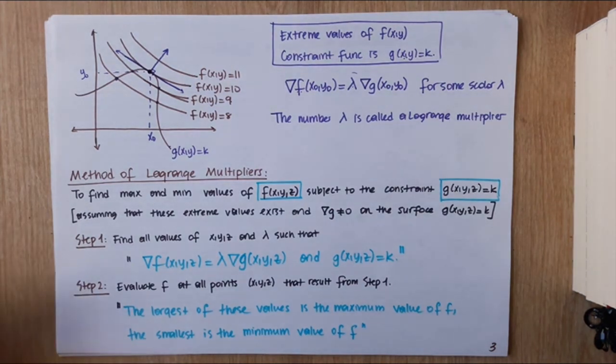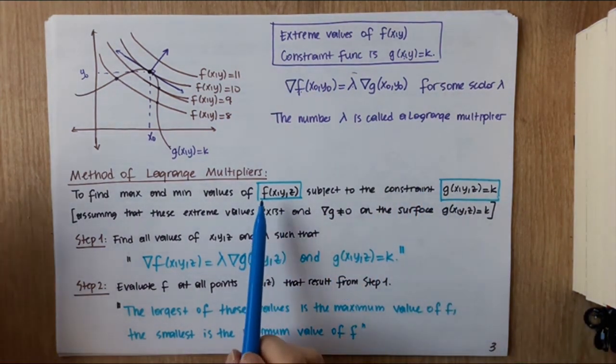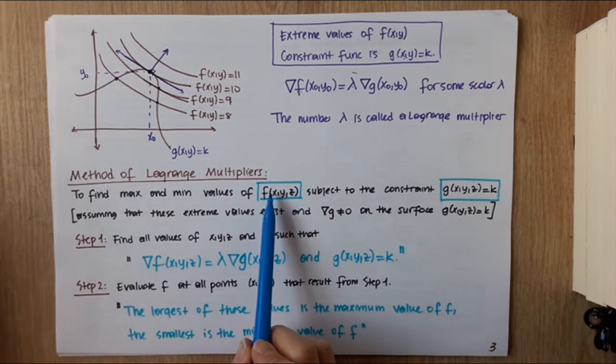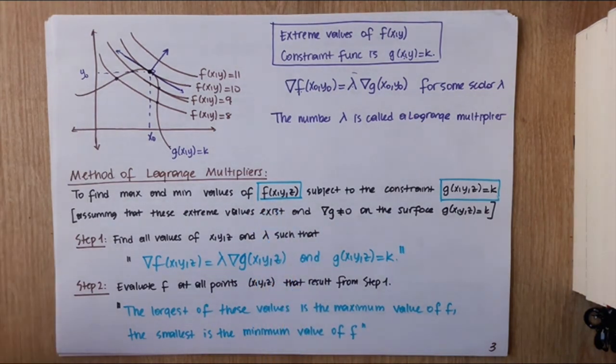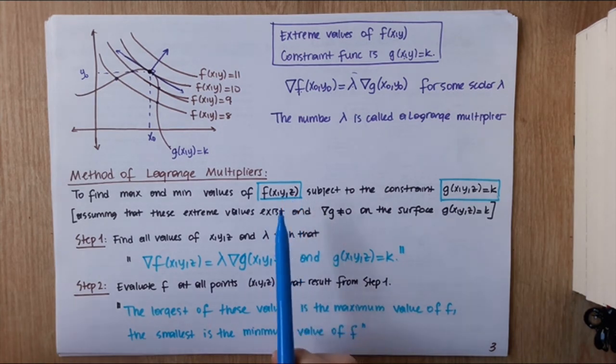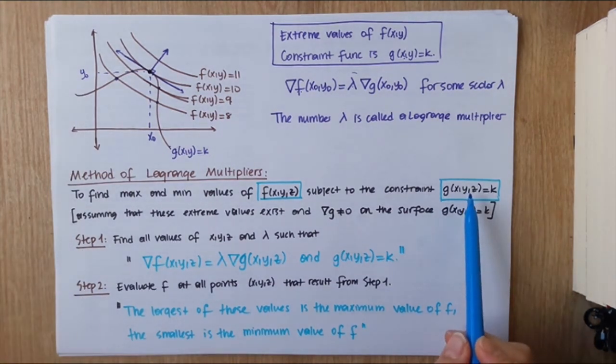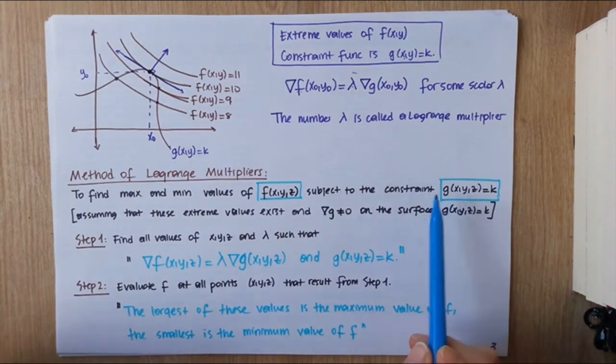So using these steps, we can obtain maximum or minimum values of a function subject to a constraint. Okay, we are looking for the extreme values of f, but we also want those points x, y, z at which f takes its extreme values to also satisfy this equation. Because of that, this equation is called the constraint of this function.